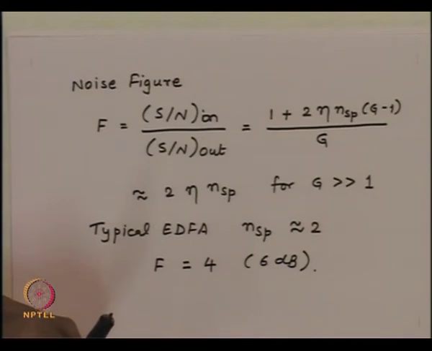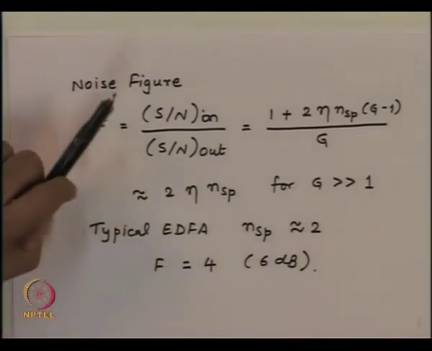So what we have done in this lecture, we have essentially seen the various characteristics of the erbium doped fiber amplifier. We saw that for this amplifier there is a gain saturation effect, there is an optimum length for getting the maximum gain from the amplifier, and then there is also the ASE, amplified stimulated emission noise.